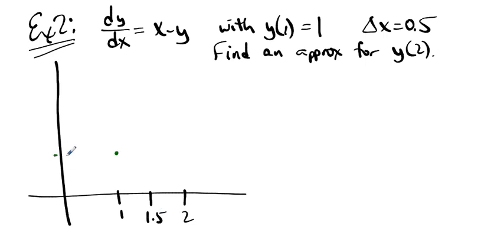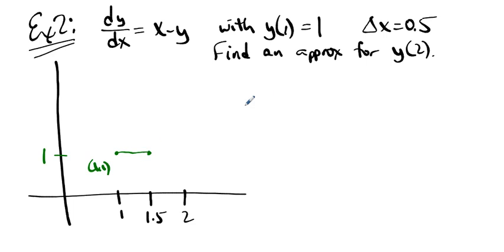So here's 1, 1, looking for the slope of the line. Well, the slope of the line is the x value minus the y value, and in this case, that's 0. Not a whole lot of calculus going on here because the slope is 0.